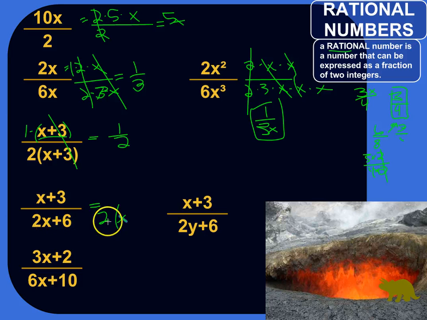X. So if I were to factor this, 2 times x is 2x, and 2 times 3 is 6. In other words, if I were to distribute this, I would get 2x plus 6, right? So I could rewrite that as the factor of 2 and x plus 3. Then I've got x plus 3 in the top, right? So now these factors cancel out, so all that's left is 1/2.